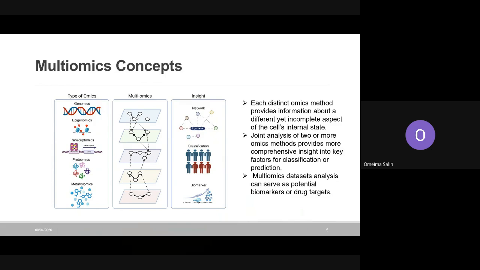All these are needed for a holistic study, starting from the genes up to how they are functioning and taking part within the cell.